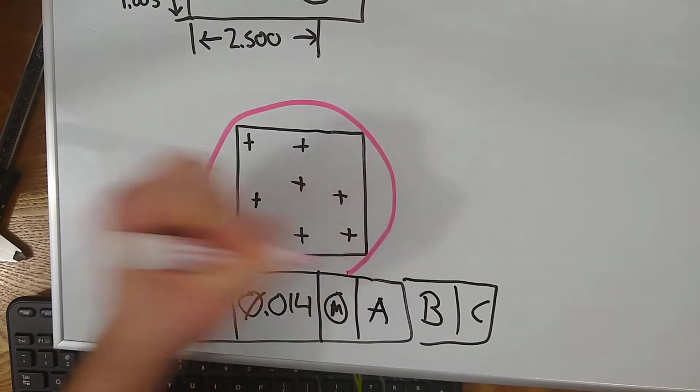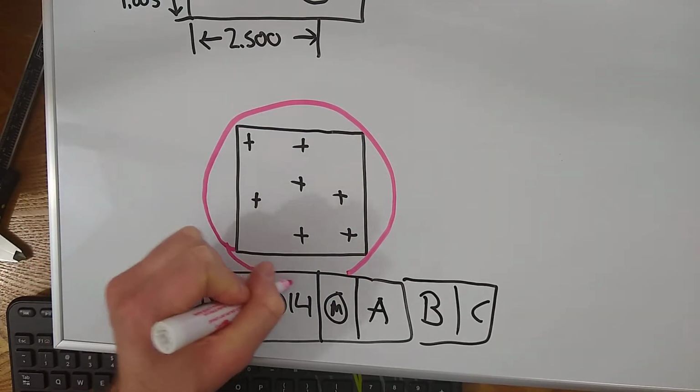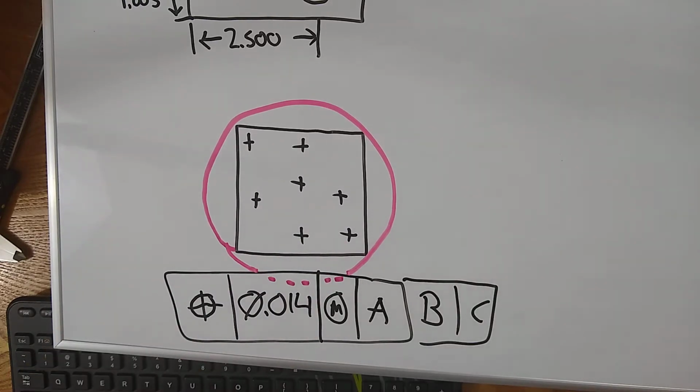So you no longer have a square tolerance zone when you're working with true position.